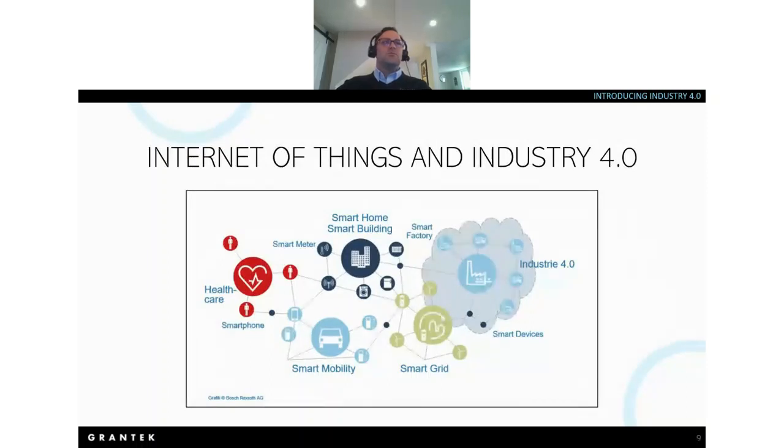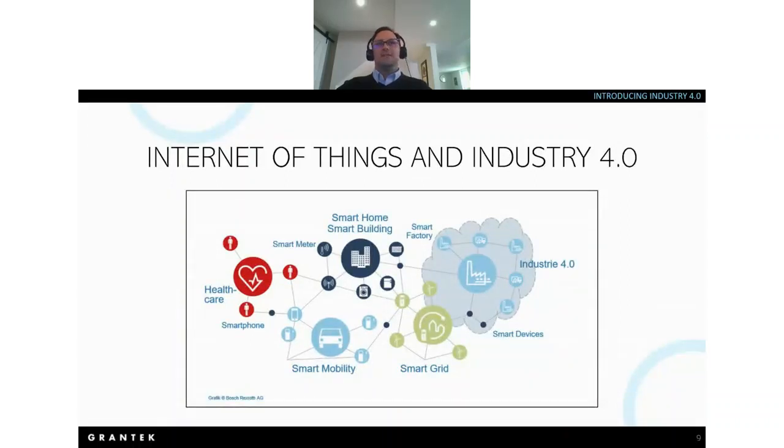To help illustrate my point that Industry 4.0 is a subset of a larger overall digital transformation, I wanted to show this image. The author's original intent was to highlight how Industry 4.0 is a branch of a larger tree that they call the Internet of Things, which is also a somewhat buzzwordy topic. Essentially, it boils down to more and more things being connected together and sharing data.